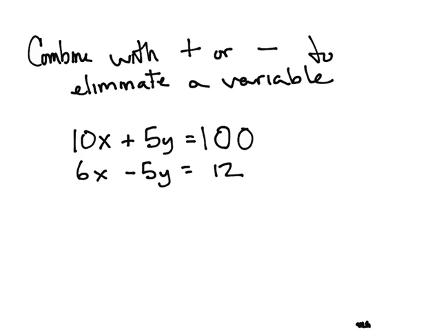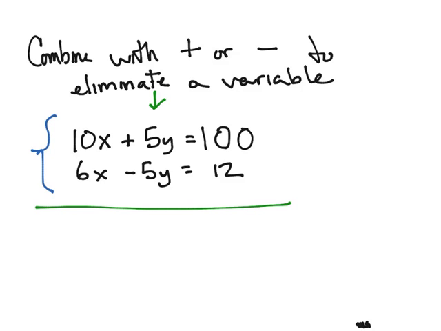The next step is to combine those two equations using addition or subtraction to eliminate a variable. As we do this, let's look at what happens. We once again have our system, same as the last problem. Since we've made sure that the y variable has the same coefficient, that's the variable we'll eliminate.